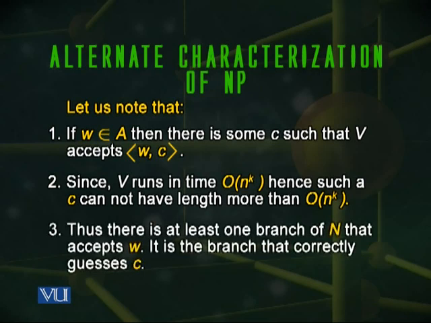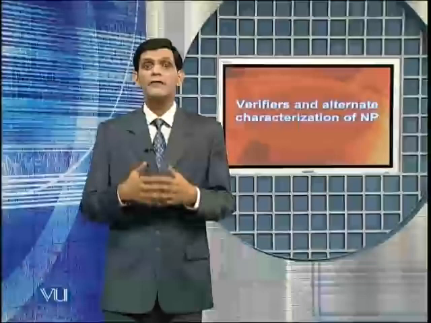Thus, there is at least one branch of our non-deterministic Turing machine, namely the one that picks this correct certificate, which accepts W. And therefore, W is accepted by this non-deterministic Turing machine. So what we have shown is if W is in A, then W is accepted by this non-deterministic Turing machine.